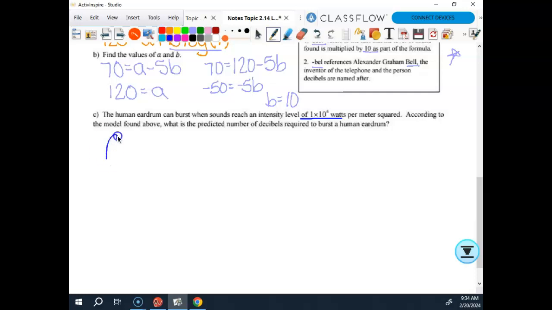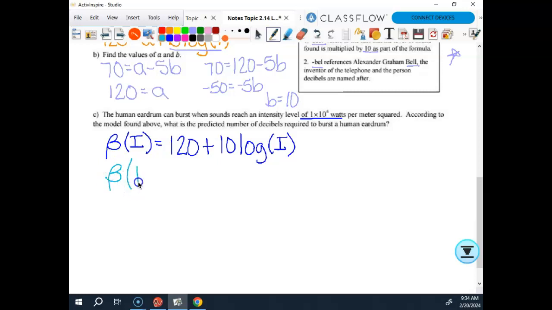All right, so we have beta of I equals A, which is 120, plus 10 times the log of I. That's what our equation is once we found A and B. Everybody okay with that?